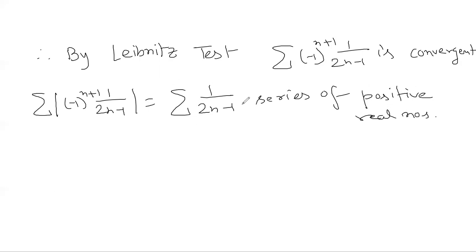For series of positive terms we have the comparison test. 1 by 2n minus 1 is always greater than 1 by n.